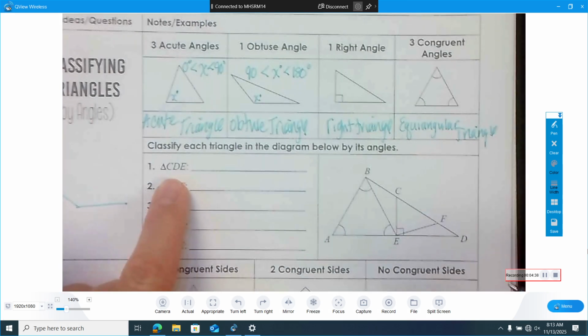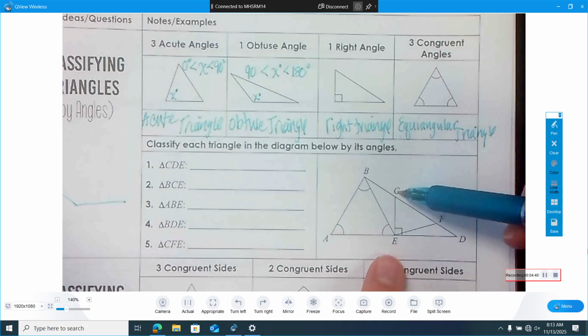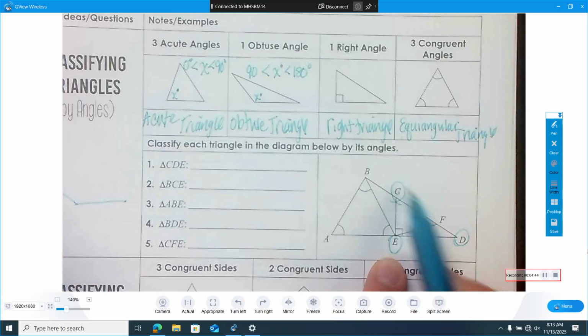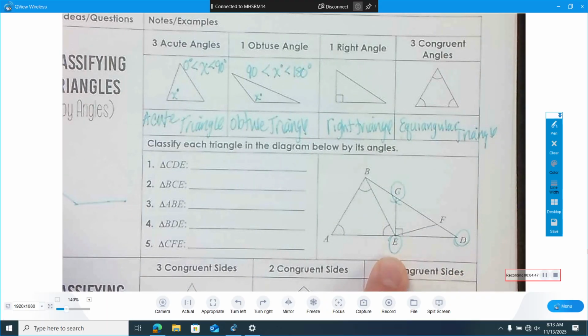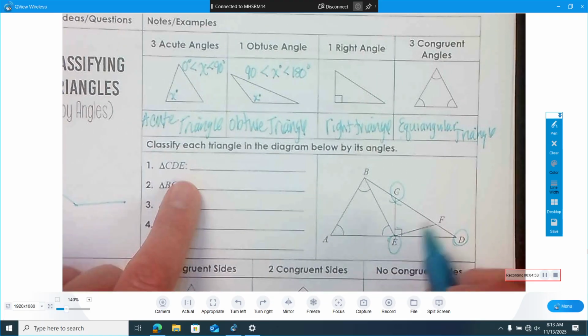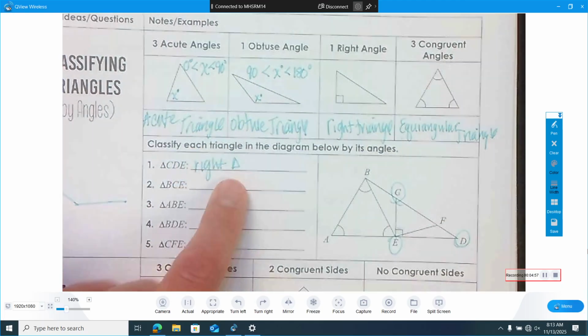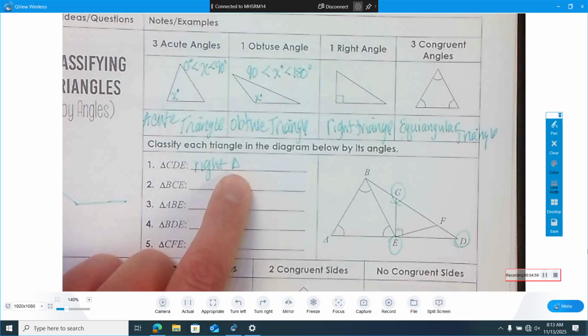Triangle CDE is this triangle here. Tell me about the angles in this triangle. It has a right angle, and if it has one right angle, it is a right triangle. And you're welcome to use the triangle symbol instead of writing the word triangle. Okay?